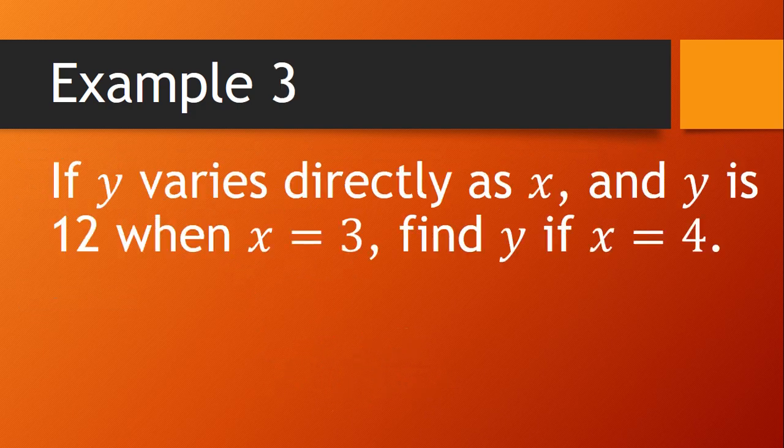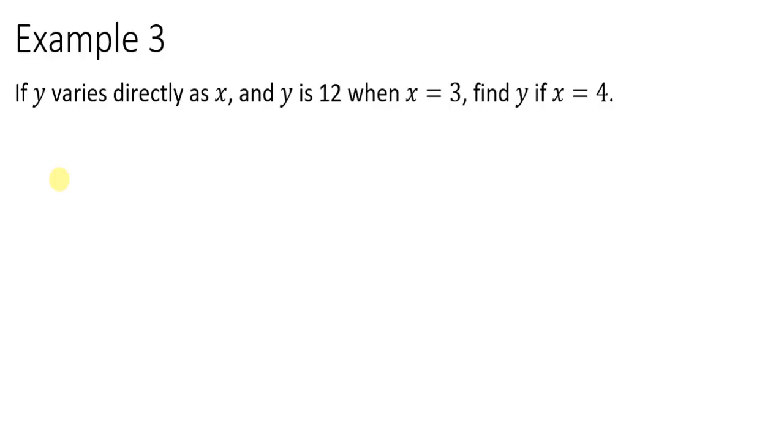Next, if y varies directly as x and y is 12 when x is equal to 3, find y if x is equal to 4. Y varies directly as x. So that means that is y is equal to kx. Yung y ay 12 kapag yung x ay 3.